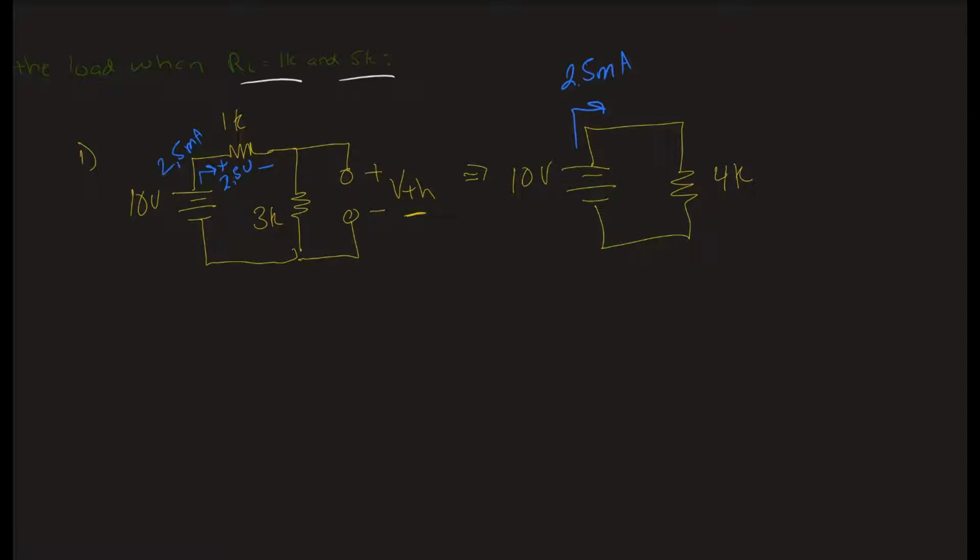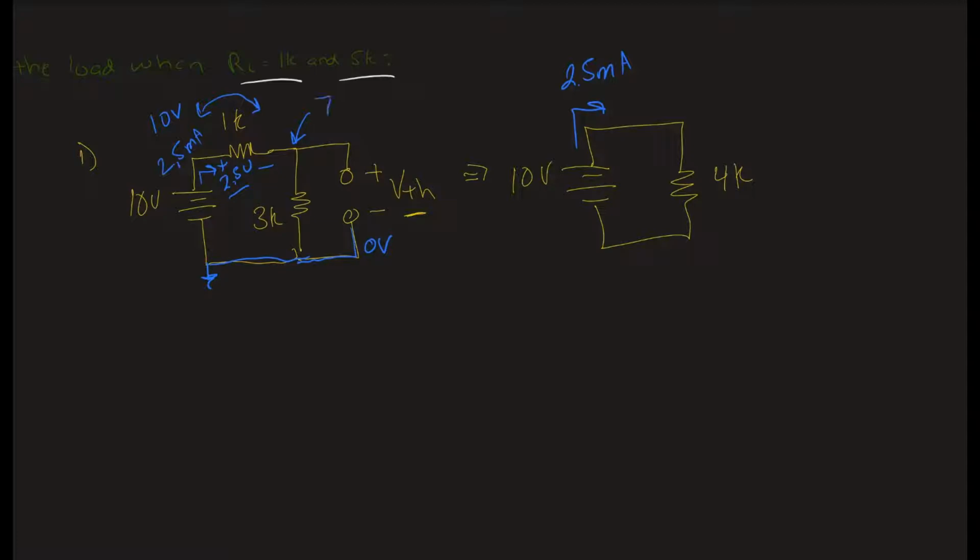Now, let's think about this. This is our ground. So what is the voltage at this point? Well, the voltage at this point is 0 volts because it's connected directly to ground. What is the voltage here? Well, it's 10 volts here, and from here to here, we drop by 2.5 volts.